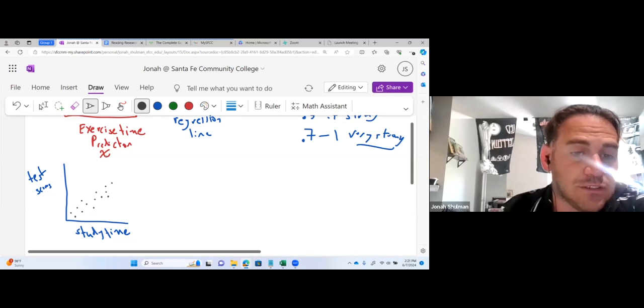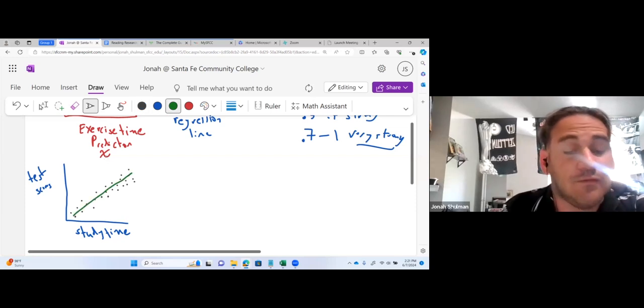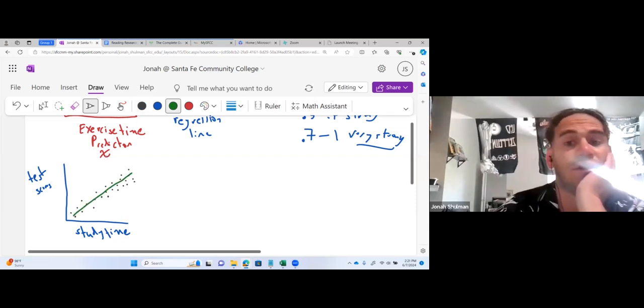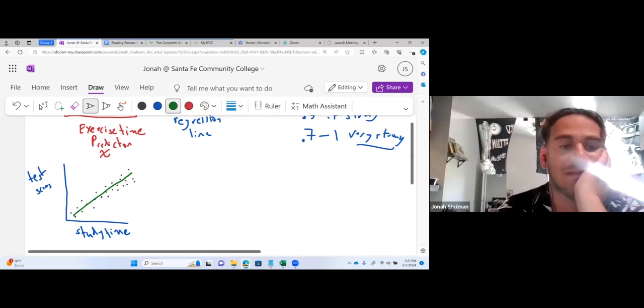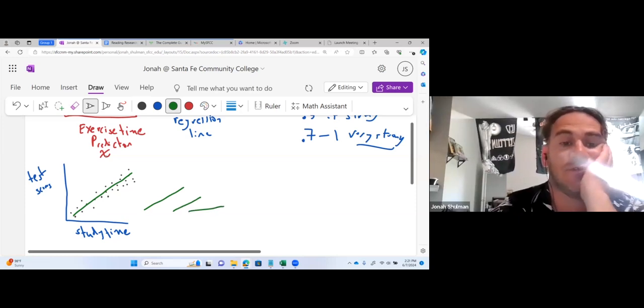The closer they are to the line, the more strength it has, right? Probably never going to get a perfect one, but this one's very strong. The steepness is kind of how strong it is. If it's less steep, like that, it's moderate, and then you can go to here, which is no correlation.